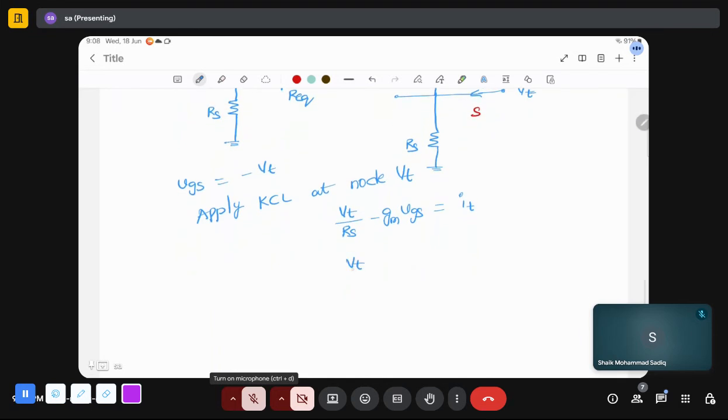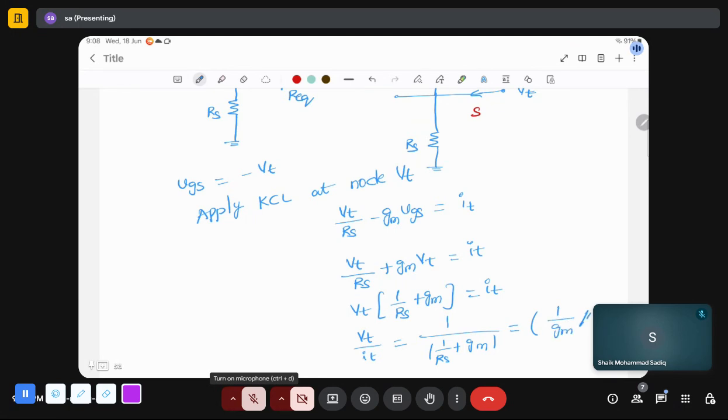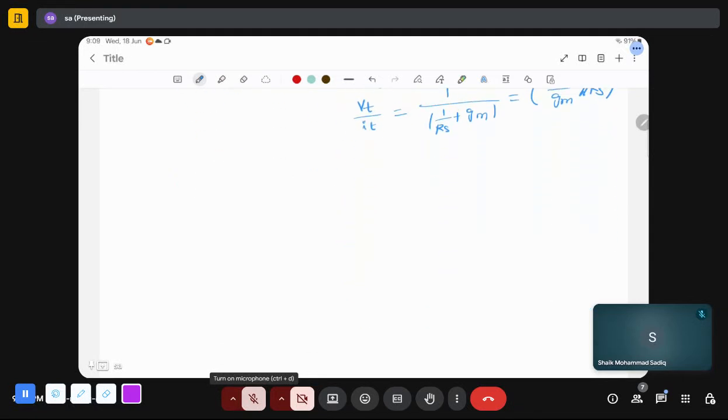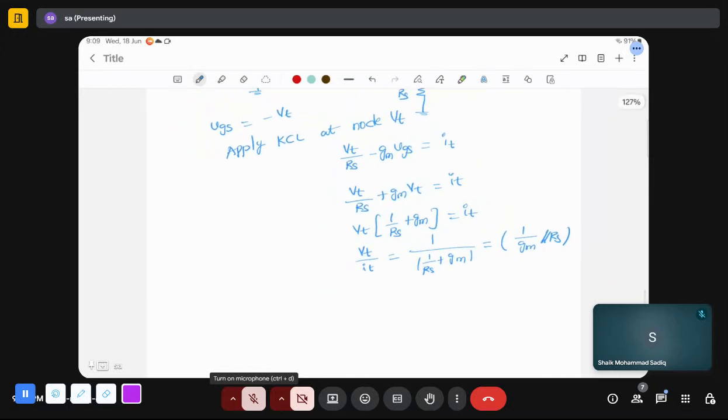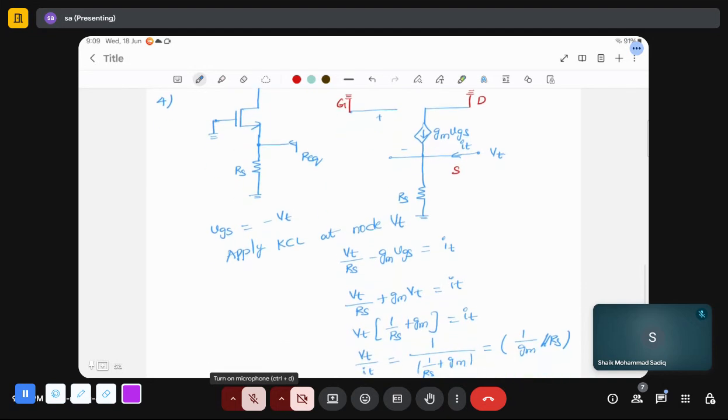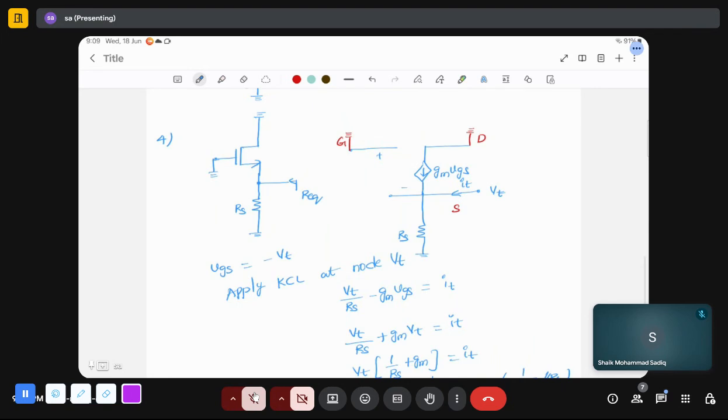Since VGS is minus VT, this will become VT by RS plus GM VT equals IT. So VT by IT is equal to 1 by (1 by RS plus GM), which is 1 by GM parallel to RS. Is it okay?